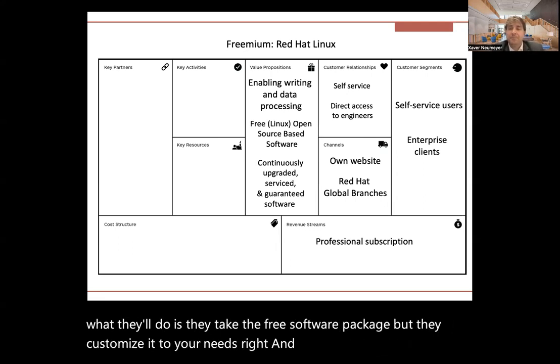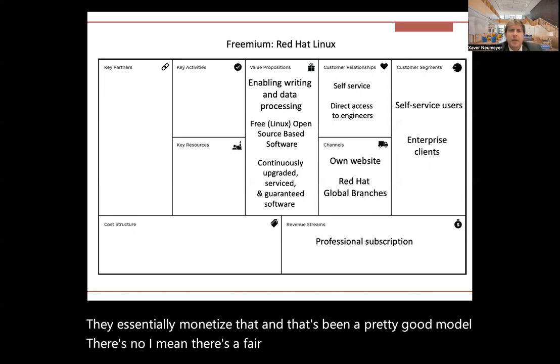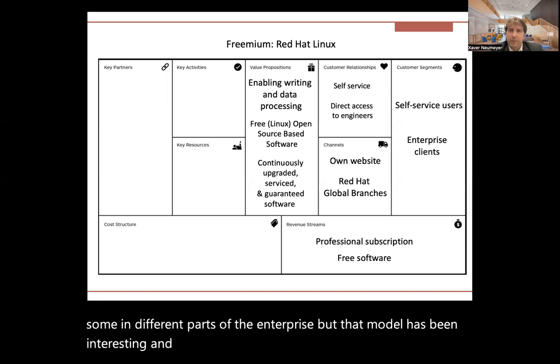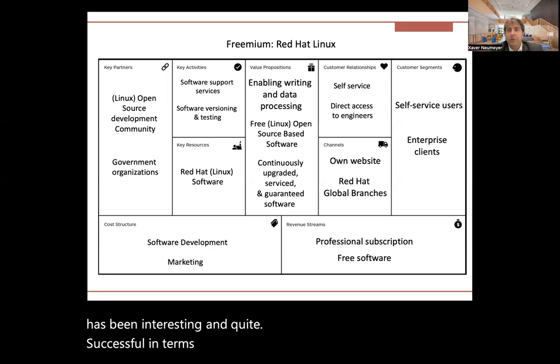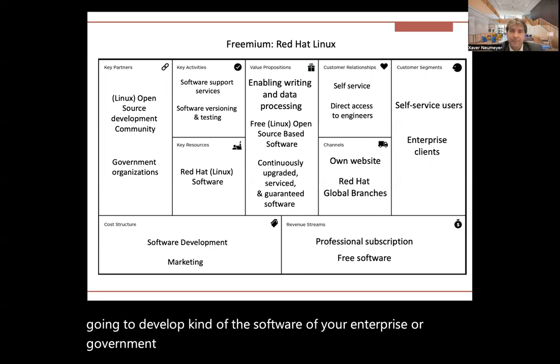And by doing so, they essentially monetize that. And that's been a pretty good model. There's a fair amount of companies that use Linux, some in different parts of the enterprise, but that model has been interesting and quite successful in terms of figuring out how you're going to develop the software of your enterprise or government organizations. Okay.